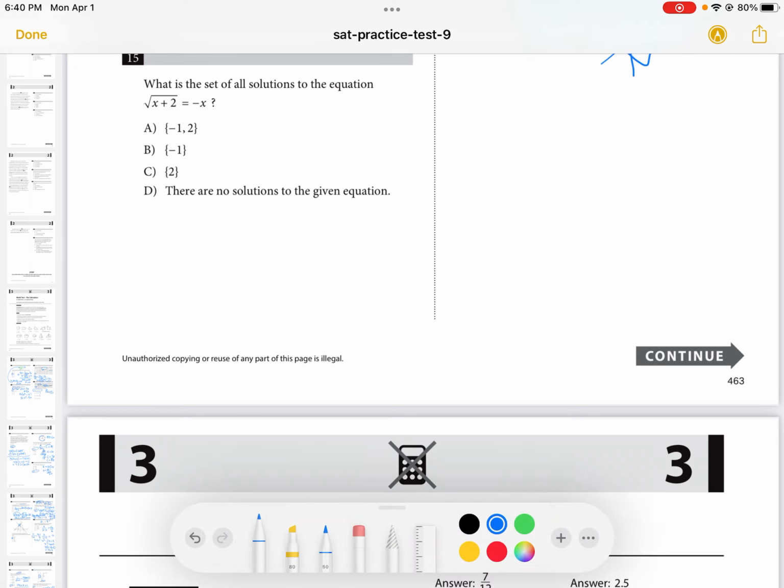All right, question number 15. What is the set of all solutions to the equation? Square root of x plus 2 is equal to negative x. So, we can square both sides. x plus 2 is equal to x squared. x squared minus x minus 2 is equal to 0, bringing that all over.